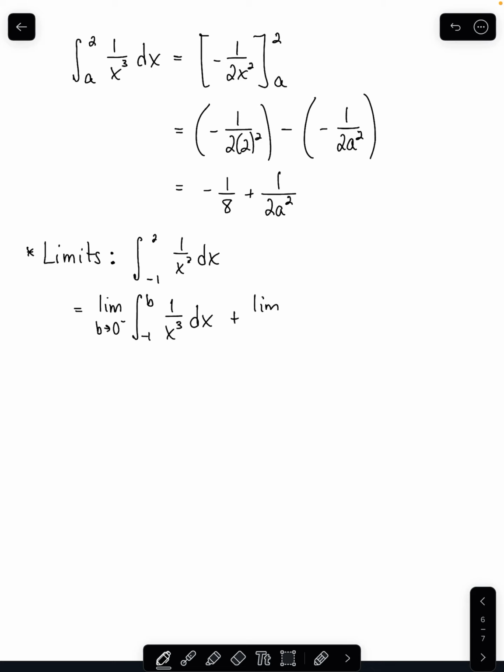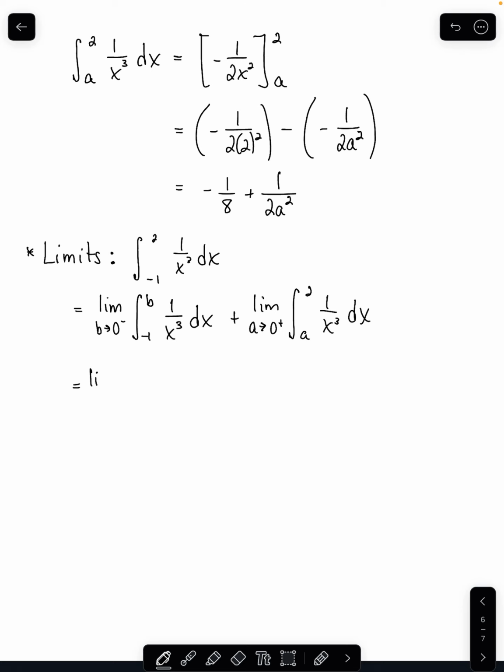It has to be separated into the two. So while evaluating this, while we may write them next to each other, we need to consider each limit separately.